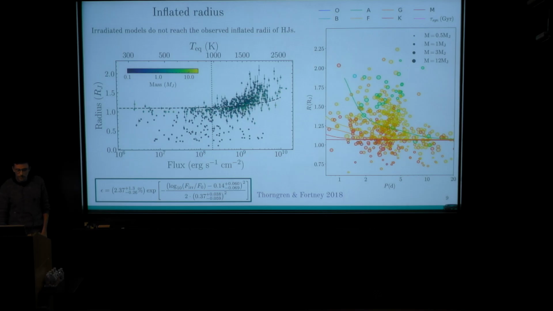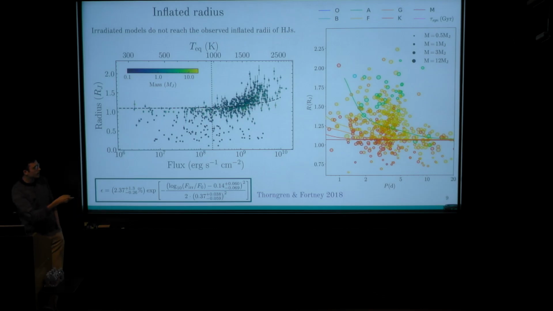And there are some papers out there that give this epsilon, which is the heating efficiency, the percentage of heat that the planet receives and is deposited inside, so the planet gets inflated. I will talk about it in a moment.